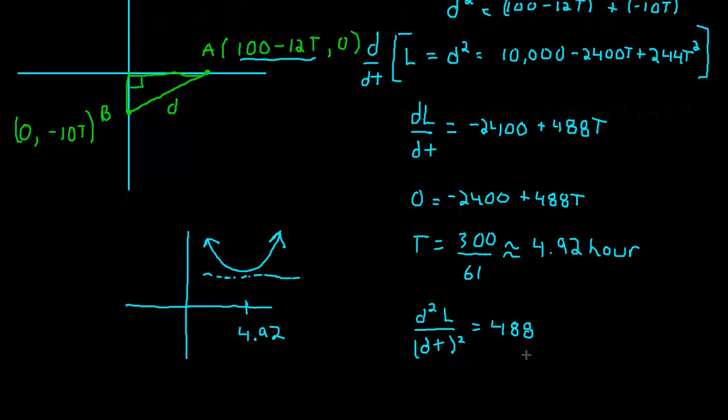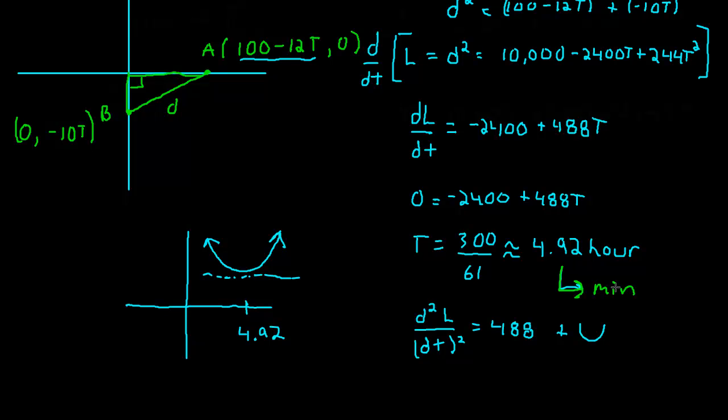That means your second derivative is positive everywhere. And if it's positive, that means you're concave up. And if you're concave up, then at 4.92, this thing definitely is a minimum. Okay, so this thing right here truly is a minimum.